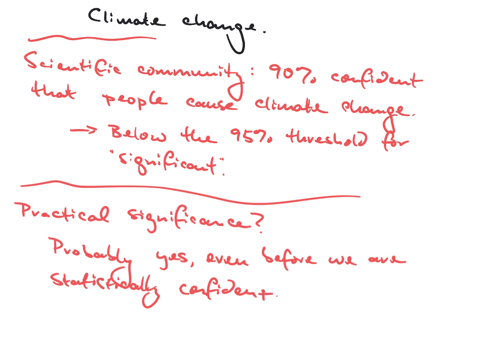Okay, because that's a value judgment. There's nothing really magic about the 95% threshold. It's often treated that way, as like a dividing line between things that are true and things that are untrue. Okay, but it's really a matter of things that we are very confident about versus things that we are not so confident about. And does it have practical significance?